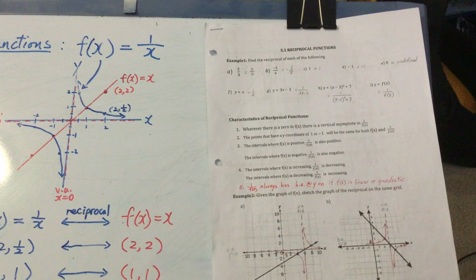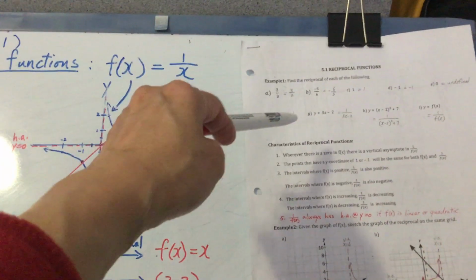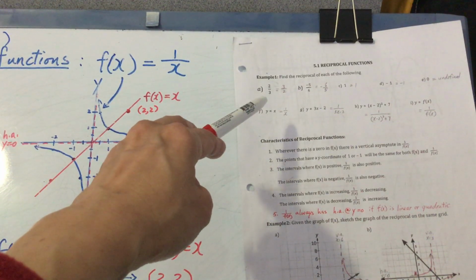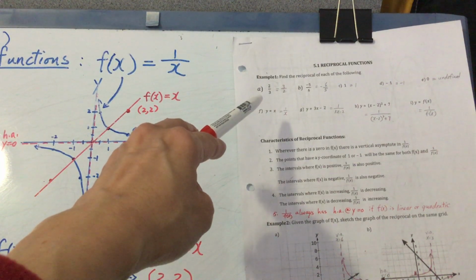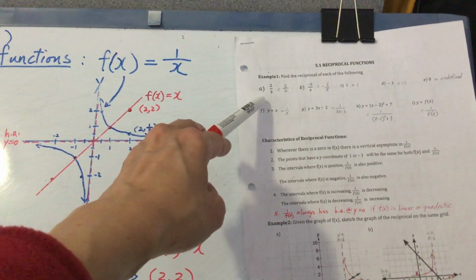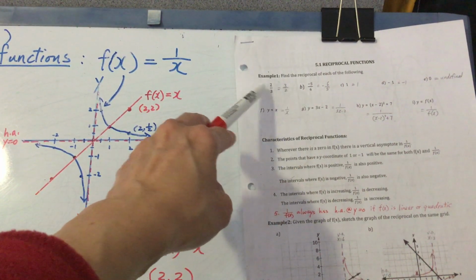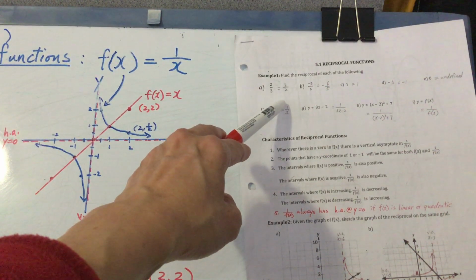All you have to do is take 1 and divide it by the given question. For example, A, you have the fraction 2/3. When you do the reciprocal, meaning you take 1 divided by 2/3, it flips. So your answer will be 3/2.